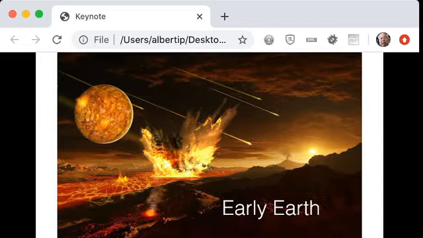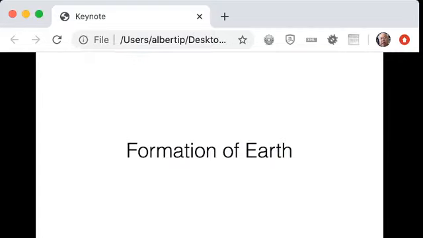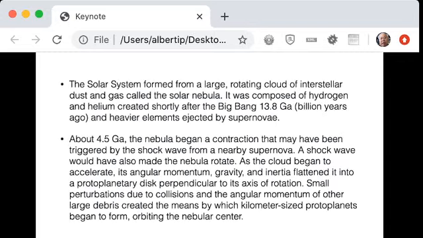Today we are talking about the early Earth, the beginning of us. First of all, formation. Just a bit of revision here. The solar system is formed from a large rotating cloud of interstellar dust and gas, which is called the solar nebula.